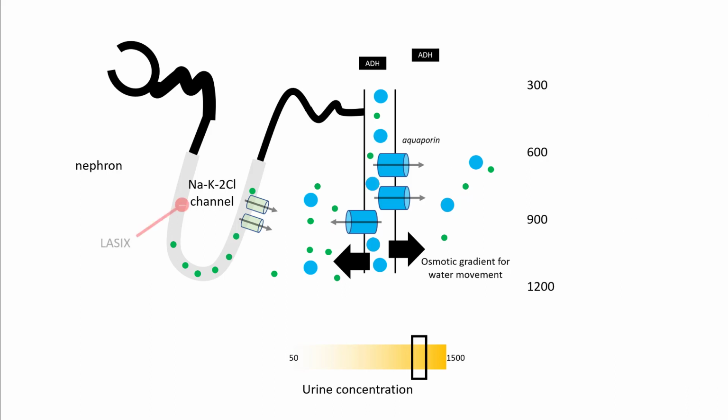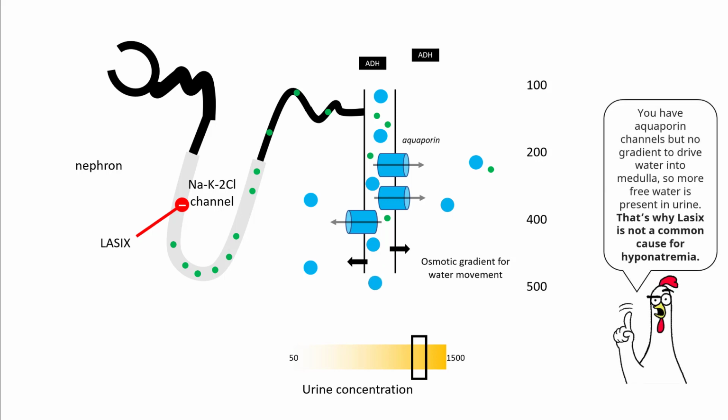If you give these patients Lasix, you're going to block these sodium-potassium-2-chloride channels, and this will result in dilution of the interstitium. If there is no sodium present in the interstitium, the osmotic gradient for the water movement decreases, and even if you have aquaporin channels in presence of ADH, you will not be able to absorb the water, and the water will be lost in the urine. So your urine concentration will fall and your urine output will increase.